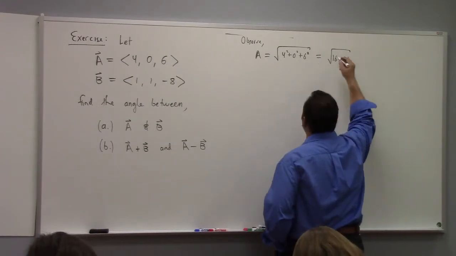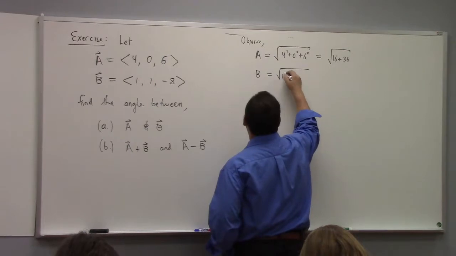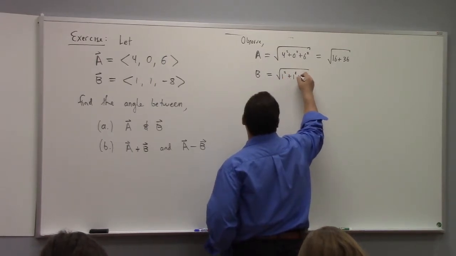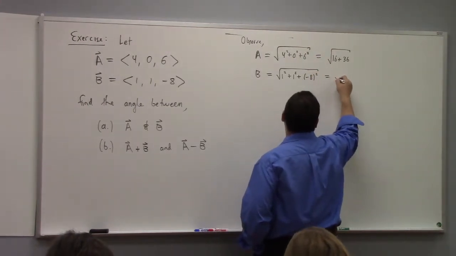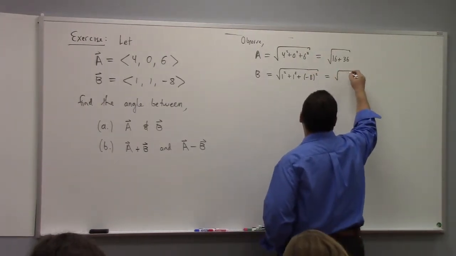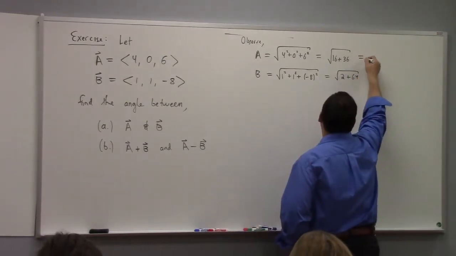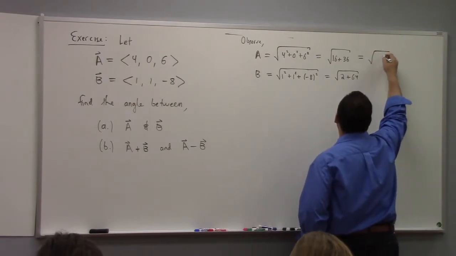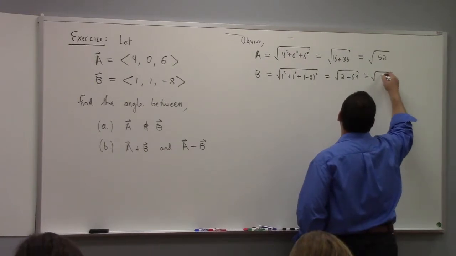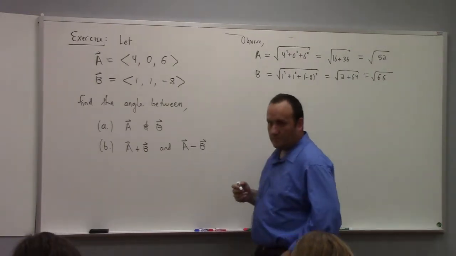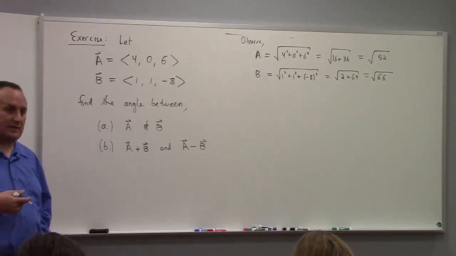The length of B is going to be the square root of 1 squared plus 1 squared plus minus 8 squared. And that is the square root of, well, I suppose 2 plus 64. So we got square root of 52, and over here the square root of 66. All right. And I'll just leave them like that because making them into decimals just makes errors for us anyway.